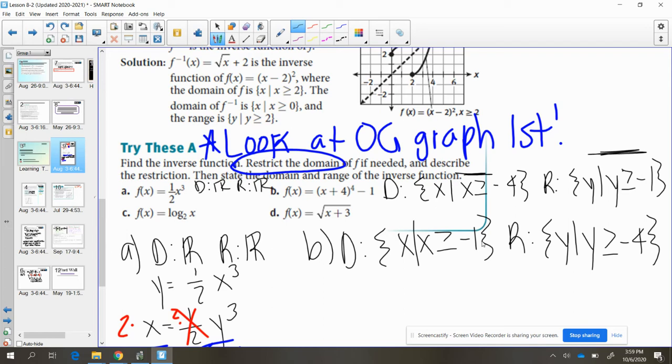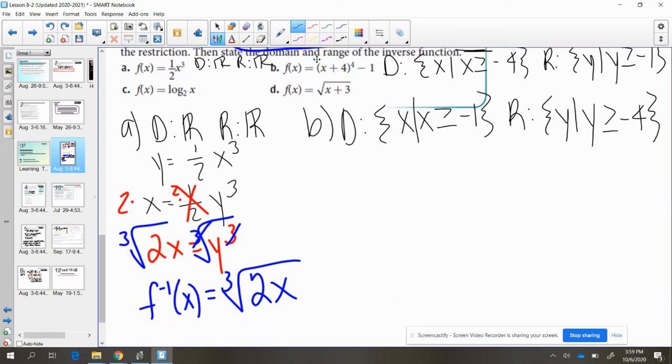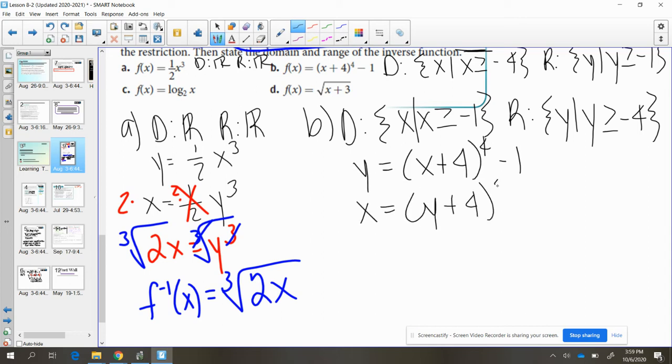Okay. Now from here, what we are going to see is the function just needs to, like our last problem, be changed to y equals, and then we are going to take our x value and our y value and flip-flop them and resolve for y alone. So we're going to add 1 to both sides.